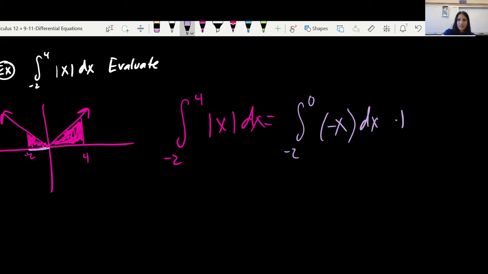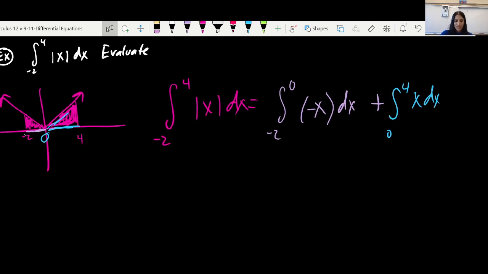Plus, we can look at this portion here as well. For that, I could say from 0 to 4 of just positive x dx. You can see that splitting them up, overall it's going to give you the same end result.